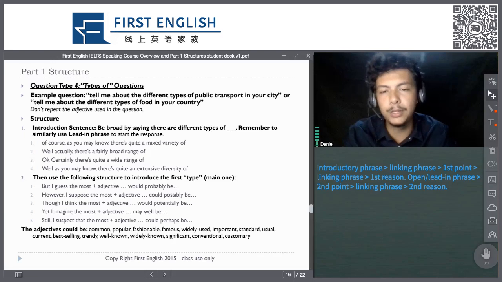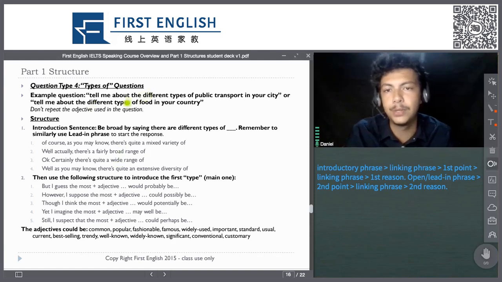An important thing to note here is you don't want to repeat the adjective that's used in the question, or at least you want to find some synonyms to the adjective mentioned in the question initially. Obviously the adjective used here is different: different types of public transportation, different types of food. So we want to find some alternative phrasing to say that same thing.